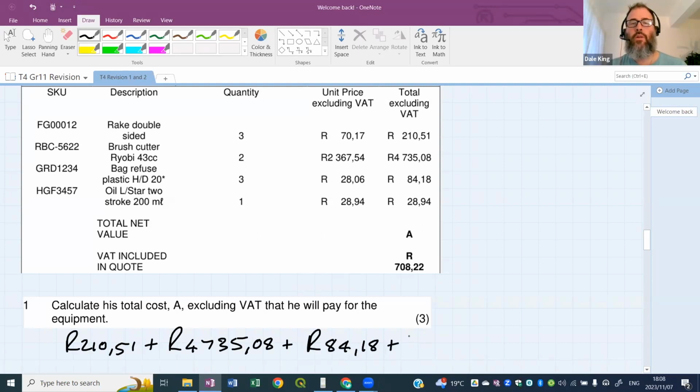Just calculator work, add them all up, and see what you get. Katlego was very fast with the total there. Let's see some of the rest of you working that out, adding up these values and getting a total. Let's see what you get, and then we'll check it together.